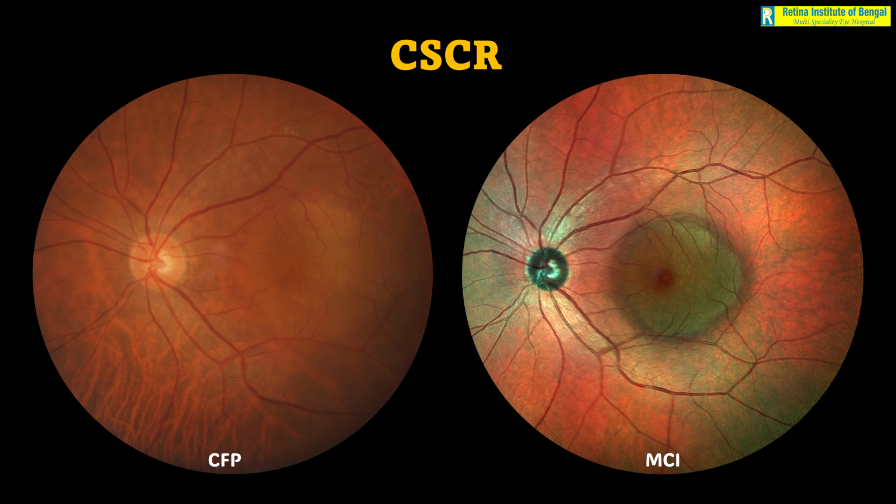For example, here is a patient of CSC. On the left hand side, you can see the color fundus photo of the patient with central serous chorioretinopathy, and you can see the 55-degree multicolor image of the same patient on the right hand side.